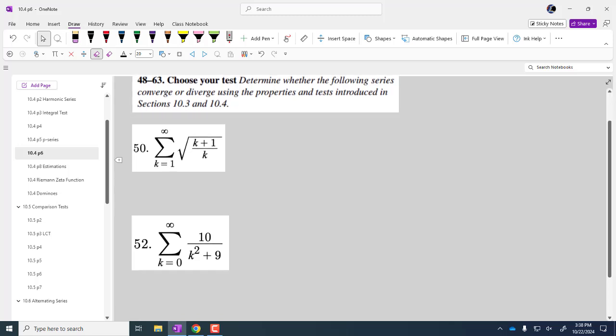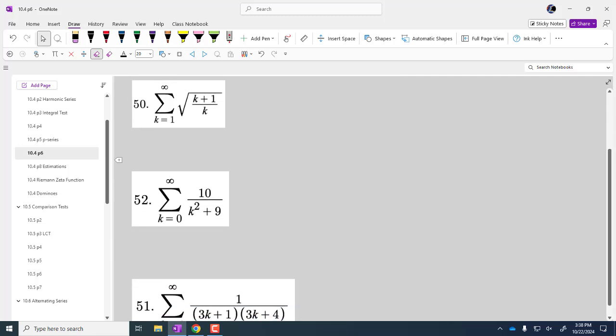This just says pick your test. This is going to give us a little practice at trying to decide what test to use. What do you think for 50? First, we should always do divergence, right?